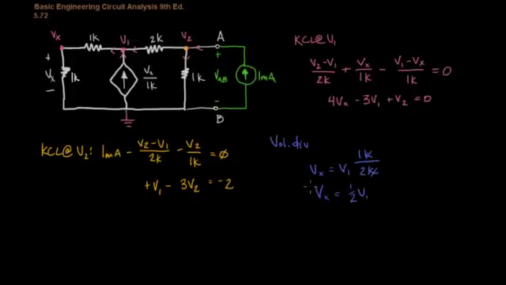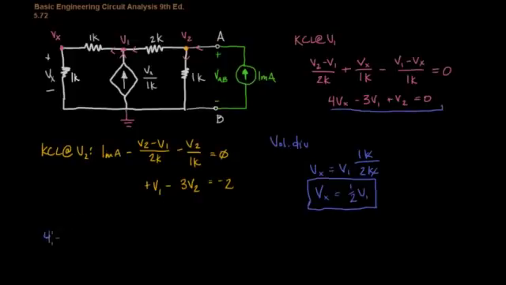Now what we can do is plug this into this equation here, and when we do that, we'll end up with a system of two equations with two unknowns. So we plug the voltage division solution into this equation.